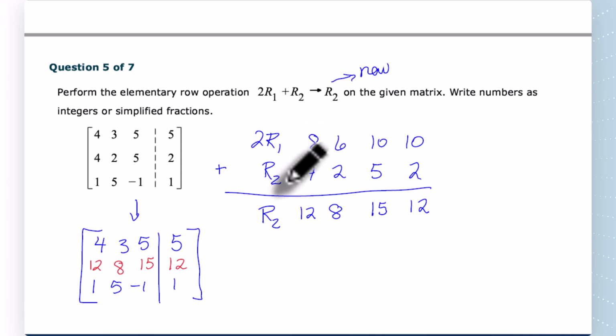And I'm going to add them up, and I'm making a new row 2. So 8 plus 4, 12, 6 and 2, 8, 10 and 5, 15. 10 and 2 is 12. All right, so just fill it in as my new row 2. Any other multiplications are just temporary.